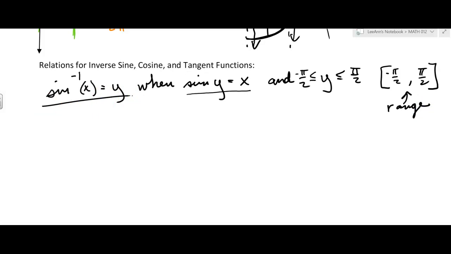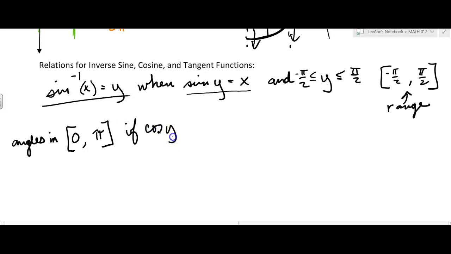So if you have angles in this interval, 0 to pi, and again, we're including those endpoints, and if cosine y equals x, then inverse cosine of x equals y. Okay? So that's how that one works.